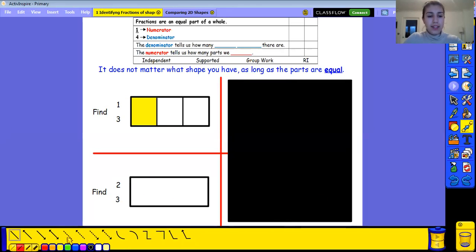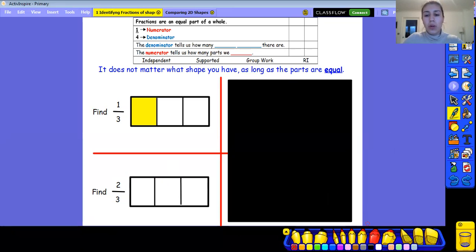numerator, and this time I want to find 2/3, how do you think that changes? Well done if you said that the number of parts that are shaded will be more. So this would be 1/3 because 3 shows me that I've got 3 equal parts in the whole.